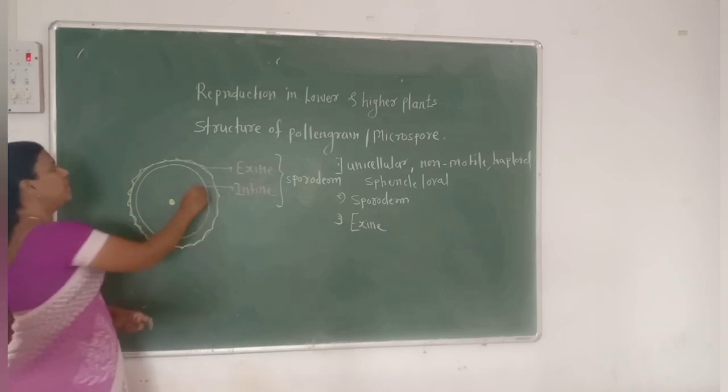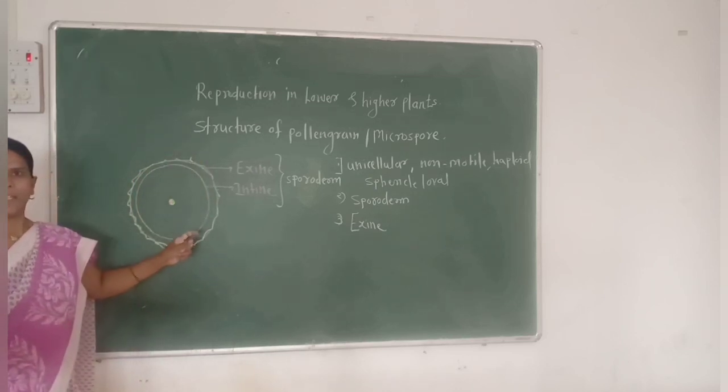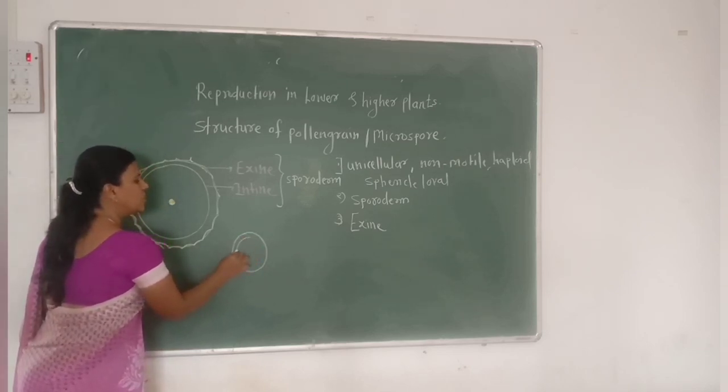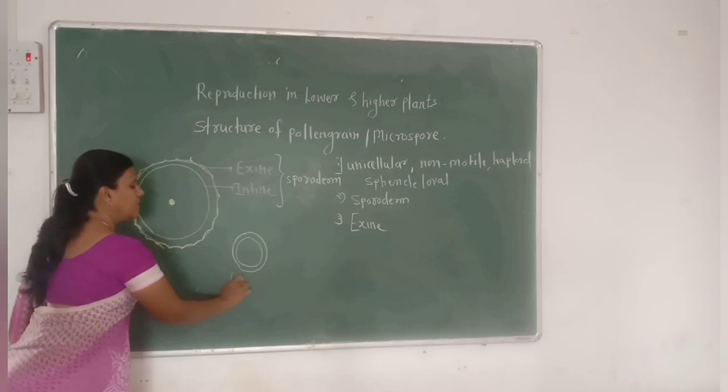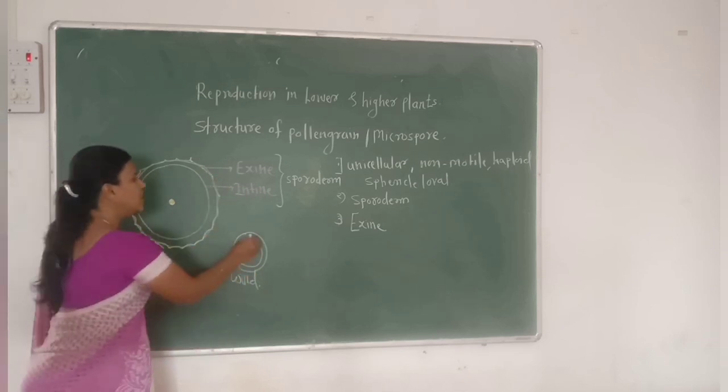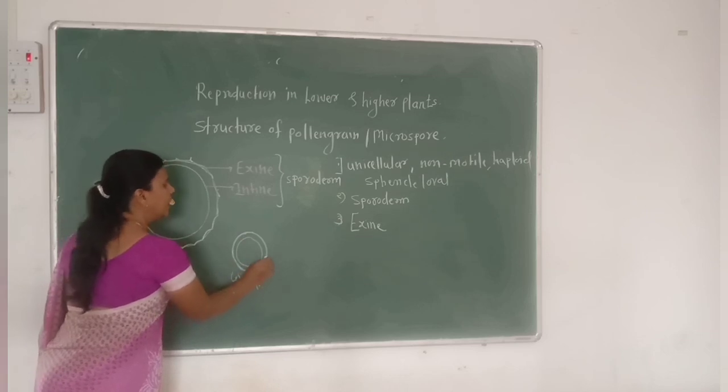This layer may be spiny or smooth depending on the agency of pollination. In anemophilous types of plants, where pollination takes place through the agency of wind, this exine is smooth, that means it is entire.